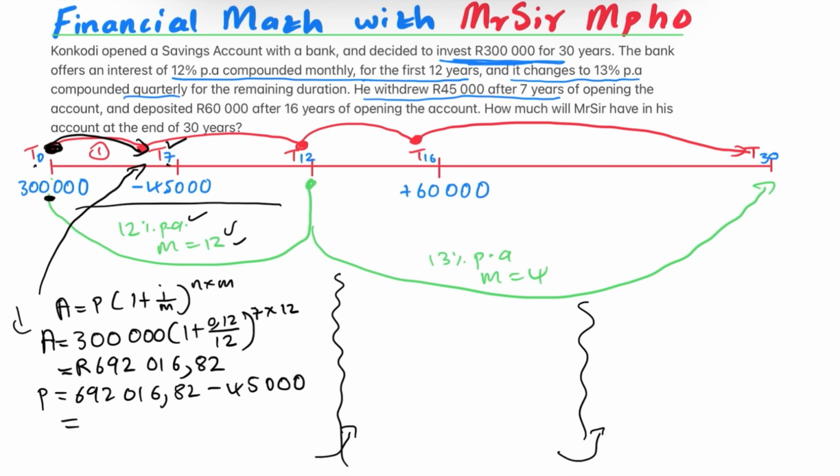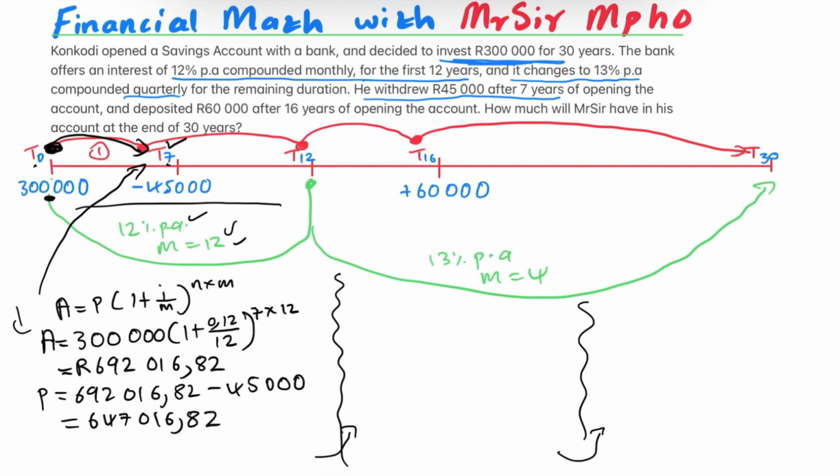Okay, so when I subtract 45,000 rand, what am I going to get? You're going to punch it in your calculator and you're going to have 647,016.82. That's going to be your answer for T7 to be grown.